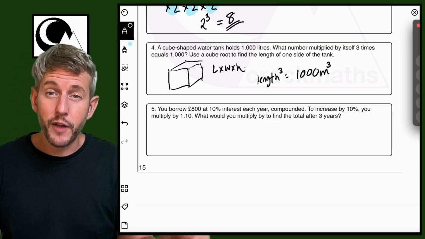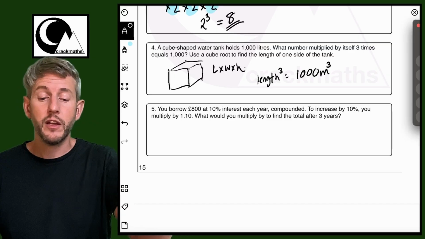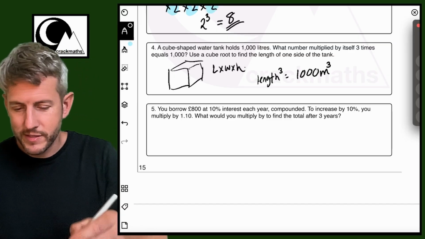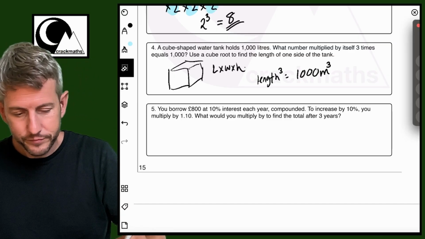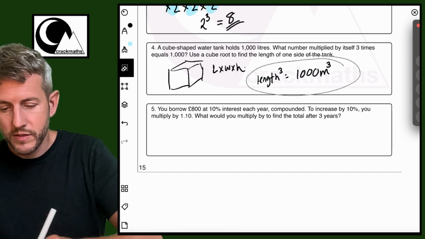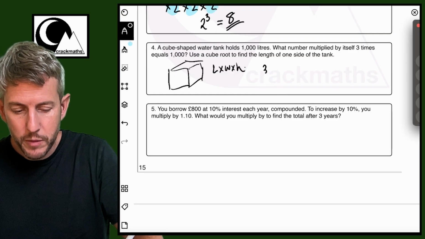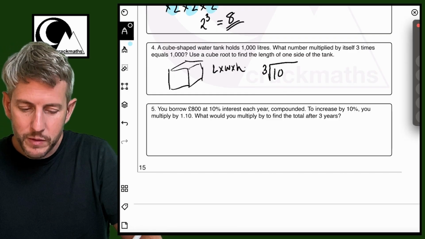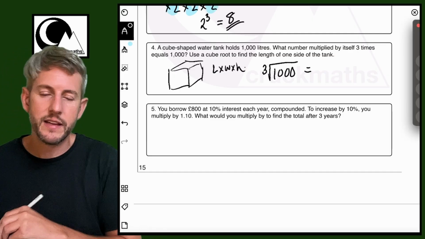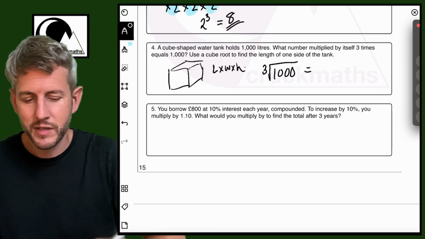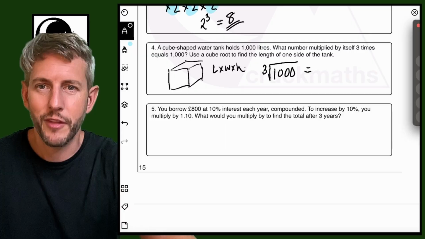So the way that we find the length is by finding the cube root of this. So let me move this over here. What we're looking for is the cube root of the 1,000, and that's going to tell us the side length because we've got 3 things multiplied together that are the same.